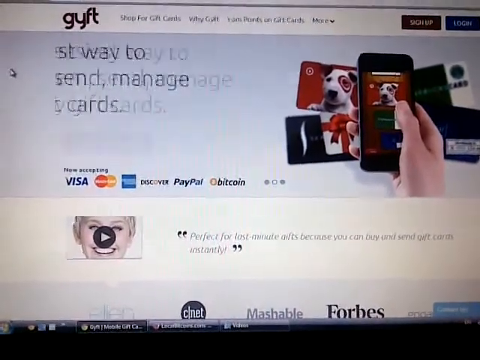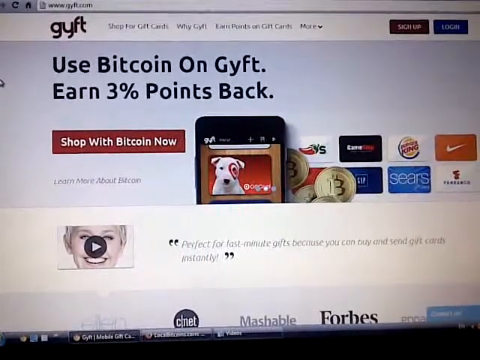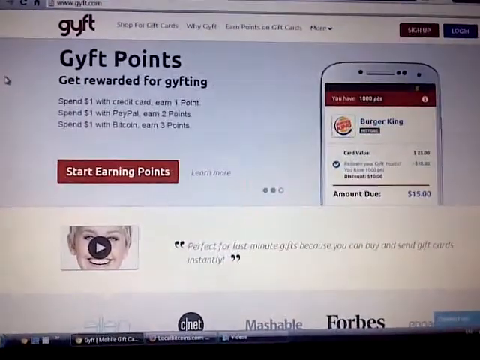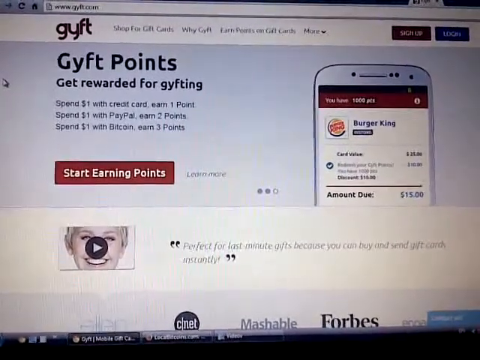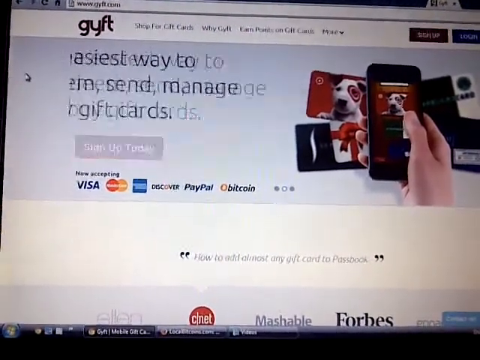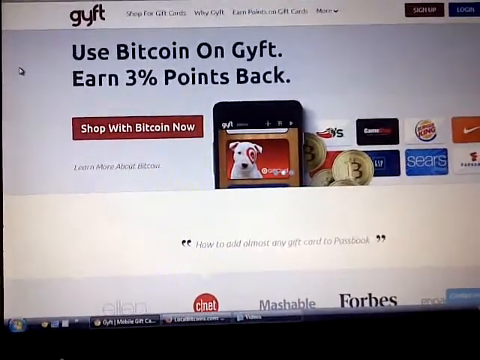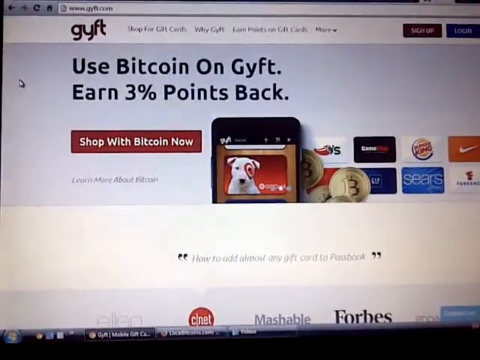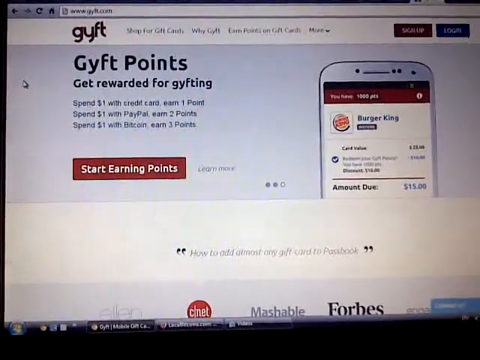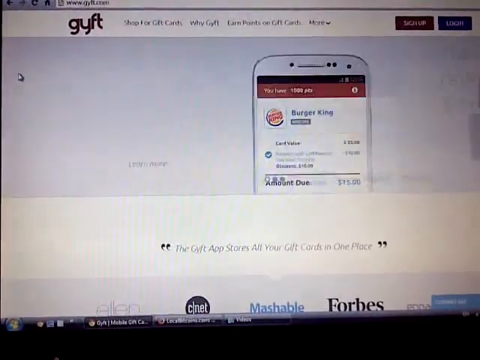So this is just an update. My wife has her app. She goes to the store and she buys the stuff and she just shows them the barcode and they scan it and voila. And hers updates to show the amount that's left. I haven't reloaded any of these gift cards yet, but again, this is a life of credit, not a life of debt.